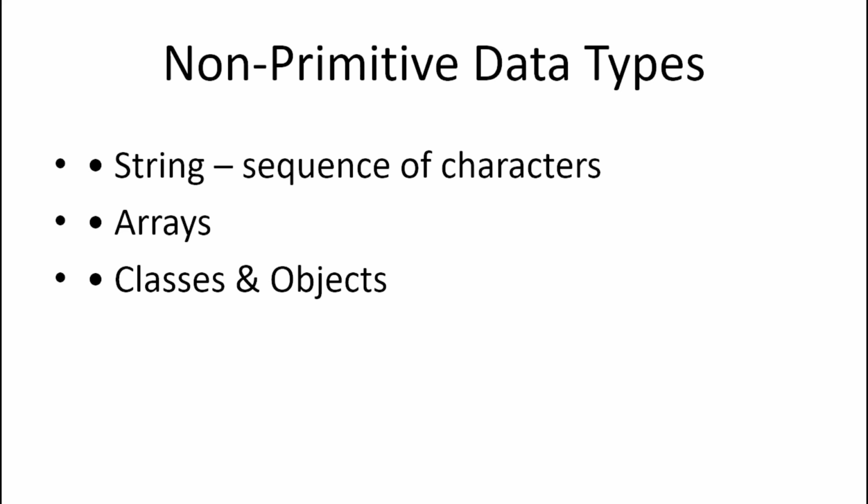A string is a sequence of characters. An array is a collection of contiguous elements to store data. The classes and objects we will discuss when we go to the OOPs concept.